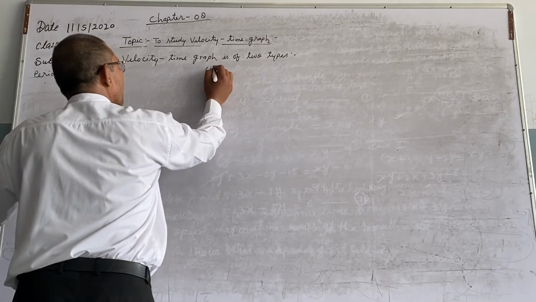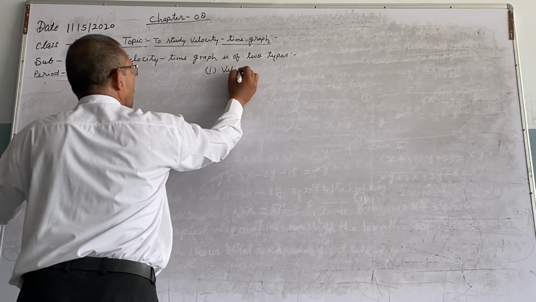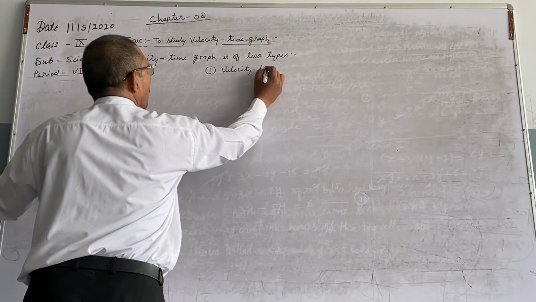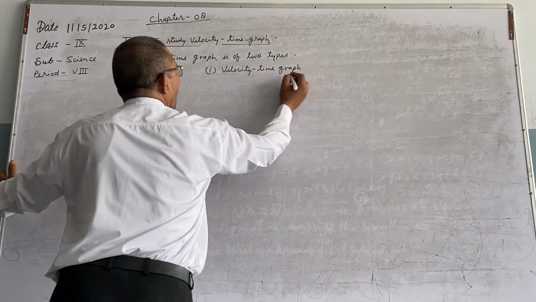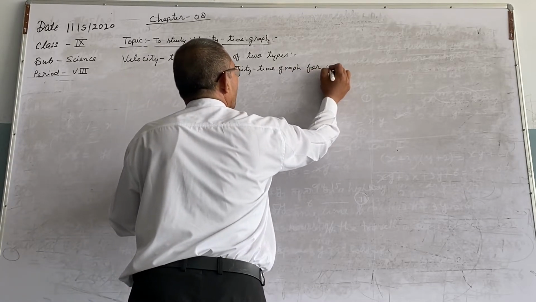First one, velocity time graph for uniform motion.